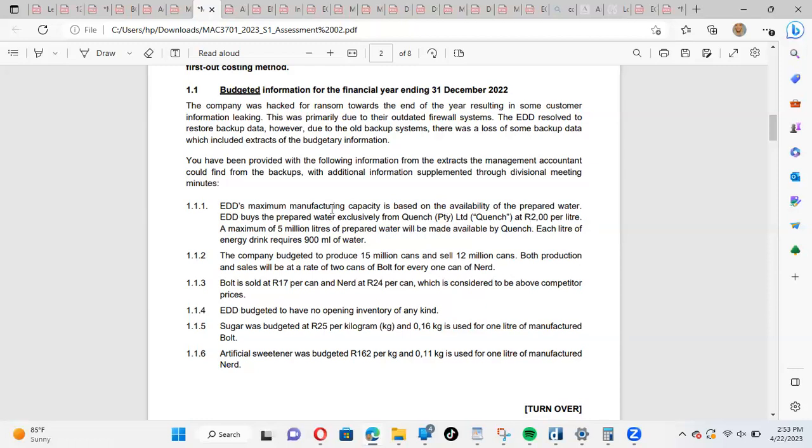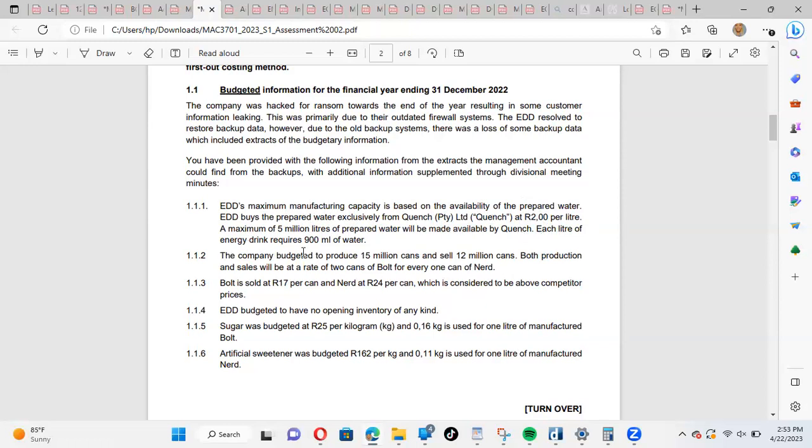The maximum manufacturing capacity is based on the availability of prepared water. EDD buys prepared water exclusively from Quench at 2 rand per liter, and a maximum of 5 million liters of prepared water will be made available by Quench.